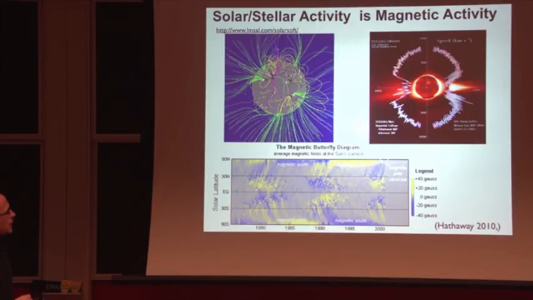Overall, the solar magnetic field is a combination of open and closed field lines. Open field lines, along which the fast solar wind moves, are really more large-scale fields, and at the equator the fields are closed, with more active regions.